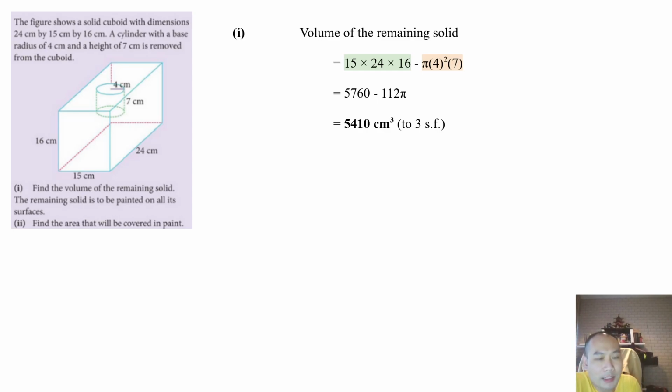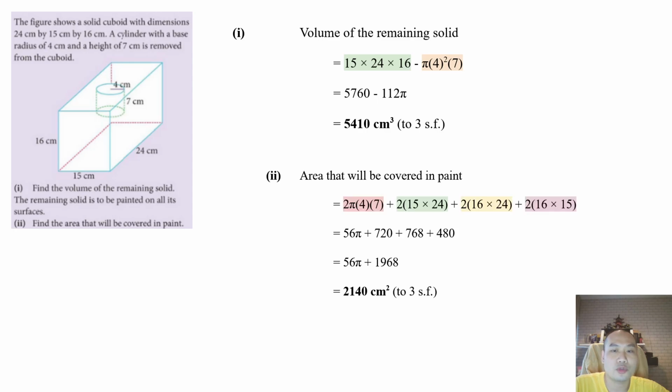The second part, they want us to find the area to be covered in paint. Because after removing the cylinder, we're going to paint it, right? So how do we do it? Again, there are a few different parts. First, the curved surface area of the cylinder, because it will be exposed now, there is a hole dug there.